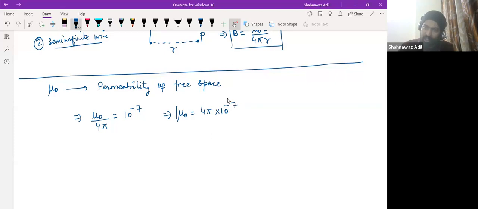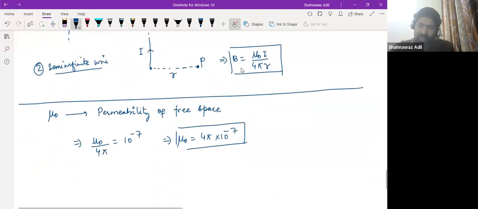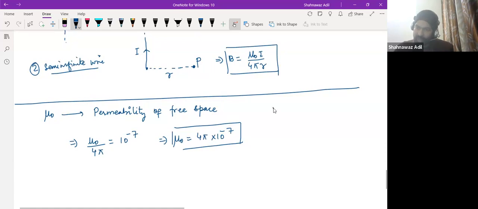And what would be the unit? Because we have this magnetic field, which is mu naught by 4 pi I dl sine theta by r square, the unit of mu naught would be Tesla meter square divided by meter and then current, which is ampere.